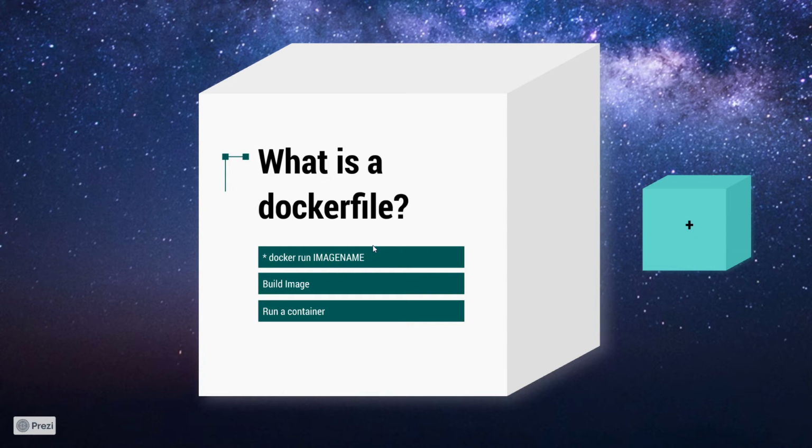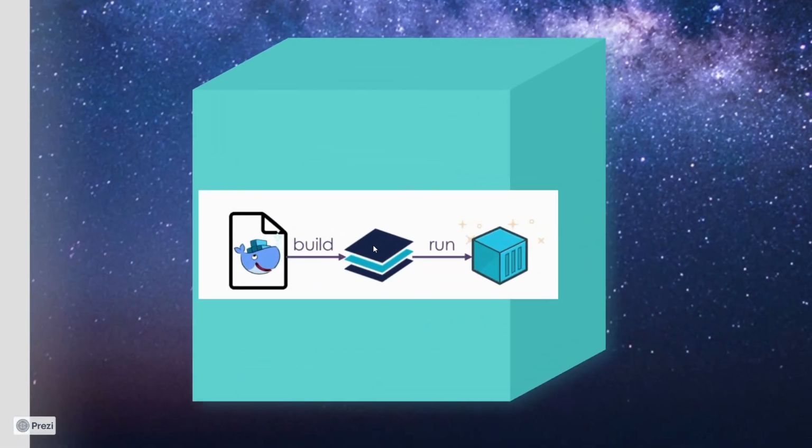But Docker provides us the Dockerfile, which is a file that has the instructions to build an image. As we see in this image, we use our Dockerfile to build our image, and then we can run it into a container.